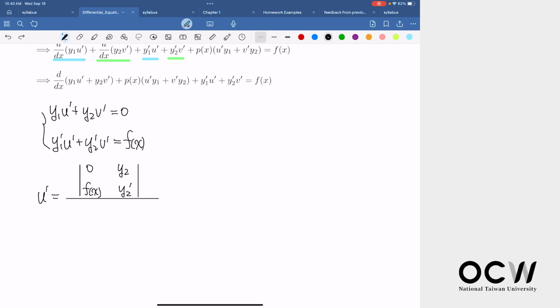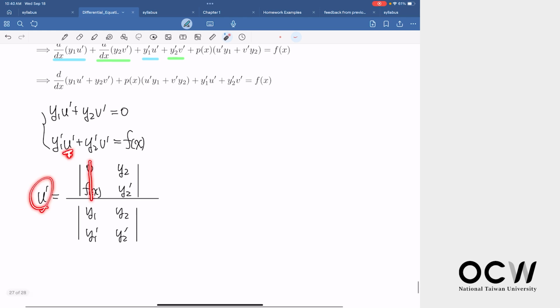And in the denominator, we put y1, y2, and y1 prime, y2 prime. So if you want to get u prime, the solution, you just replace y1 and y1 prime with 0 and f of x. And the denominator here, remember the Wronskian test?